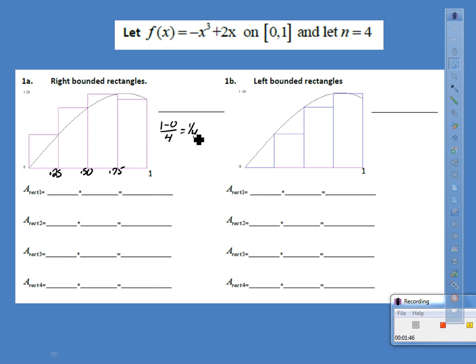And then remember, guys, on the right bounded rectangles, you won't use the left endpoint, just to speed things up. So I know that each of these widths are going to be a quarter. And then to get the height of my rectangle right here, I need to go find f of 0.25, and then f of 0.50, f of 0.75, and f of 1, and I need to place those values right there.